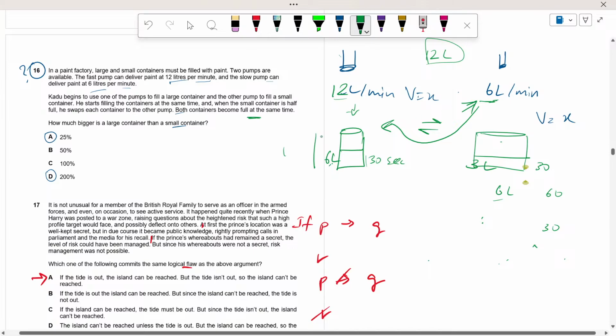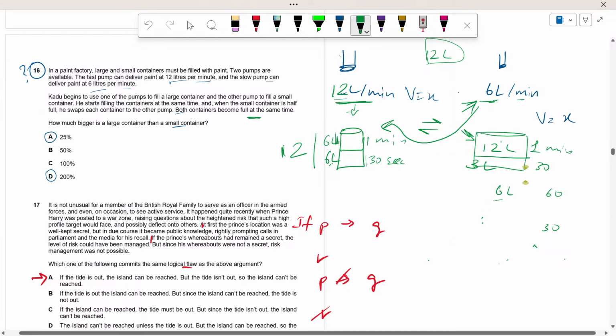Now we need to fill the smaller one using the 6 liter pump, and as you can see, for the full 12 we only need 6 more liters, and that'll take 1 minute with this pump. We are using the bigger pump for the large container now because we've swapped the containers. We will be spending 1 minute in here, and that'll fill 12 liters.